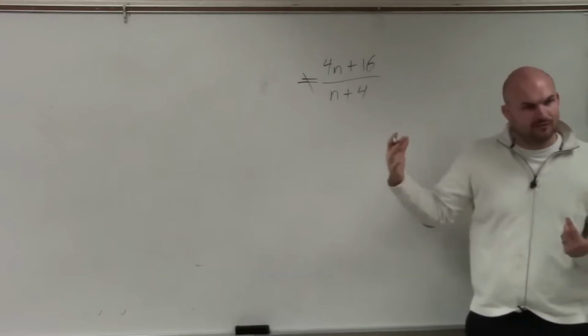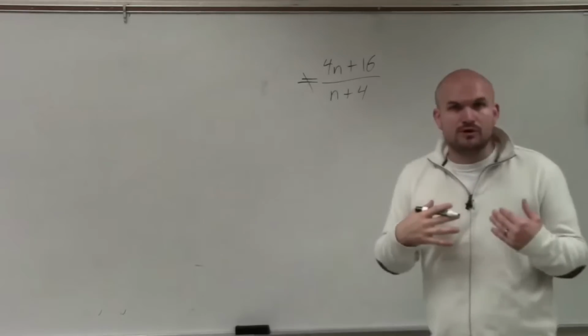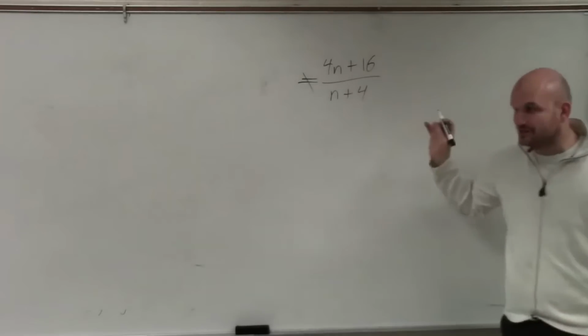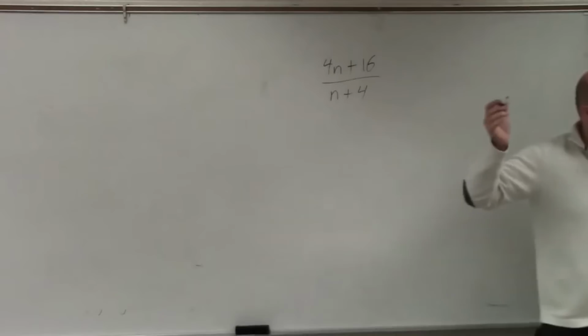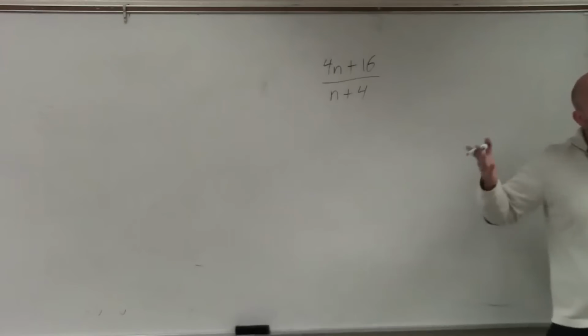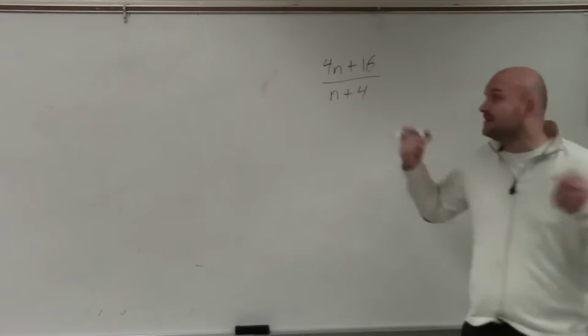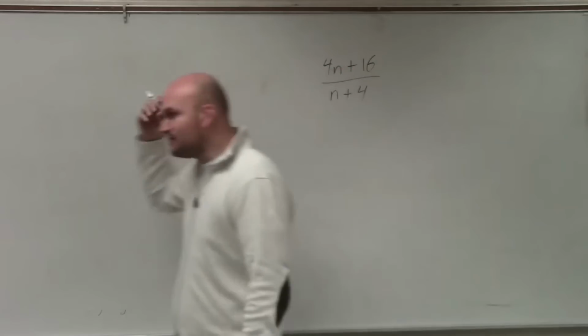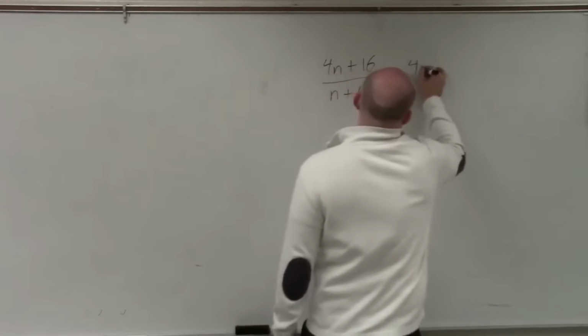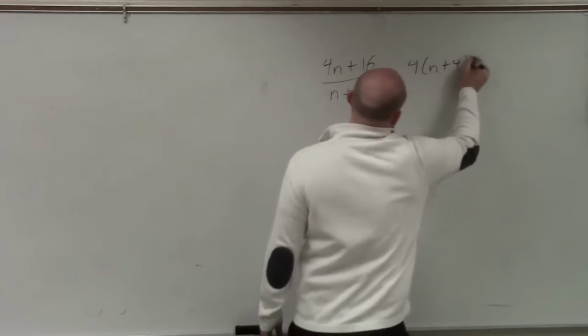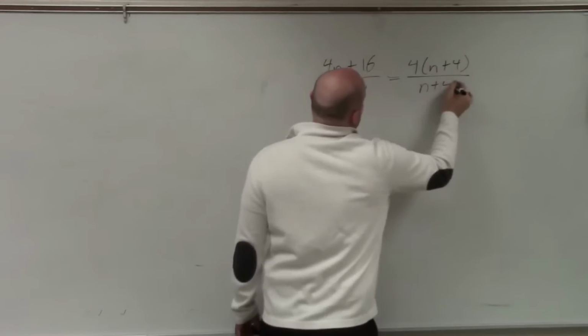So we have to be careful. So to simplify them, what we're going to do is factor. So we look at our numerator and we say, how can we factor 4n plus 16? First thing we always want to do is see if we can factor out a GCF. Is there a common factor we can factor out of 4n and 16? 4. So therefore, I factor this to 4 times (n plus 4) divided by (n plus 4).